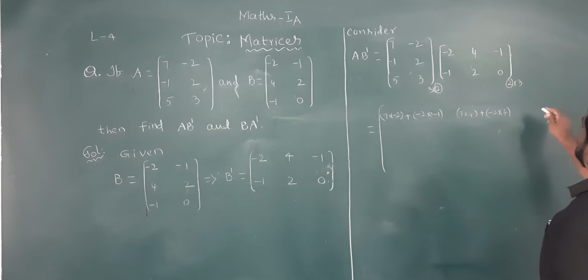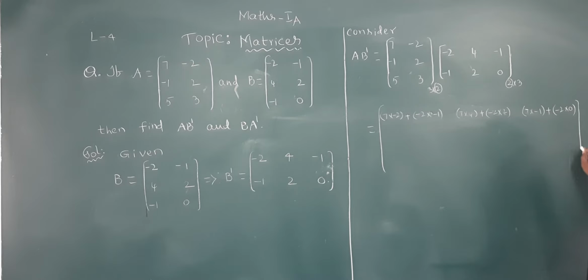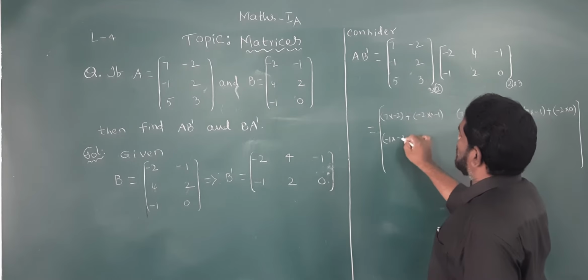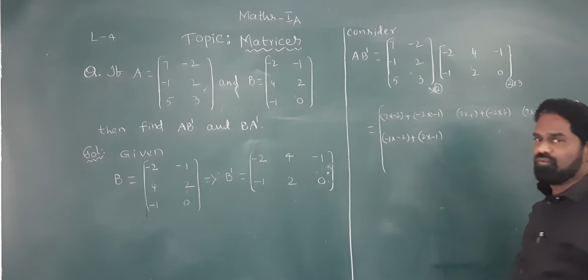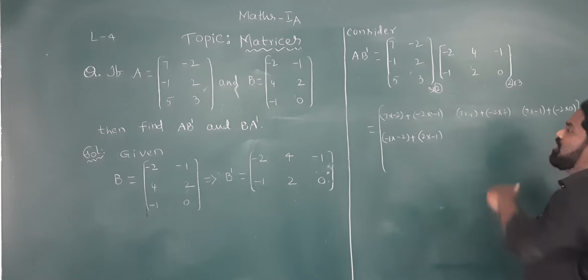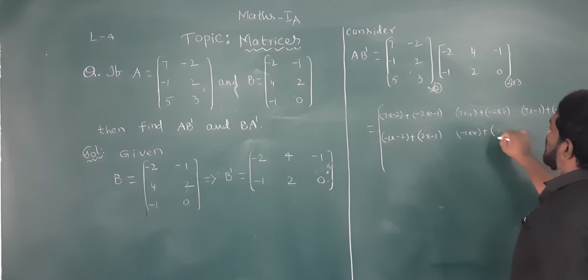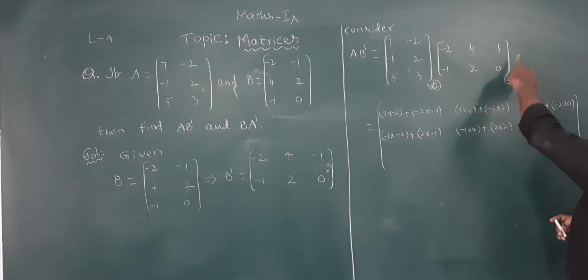First row, third column: 7 into -1 plus -2 into 0. Next, second row, first column: -1 into -2 plus 2 into -1. Next, second row, second column: -1 into 4 plus 2 into 2.